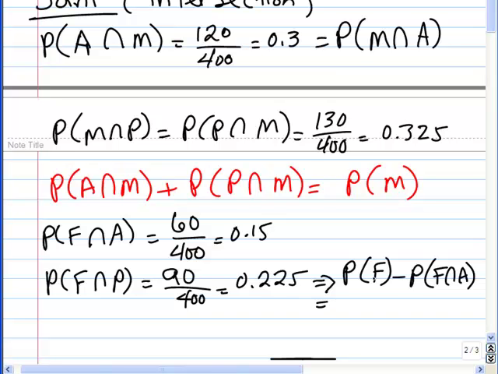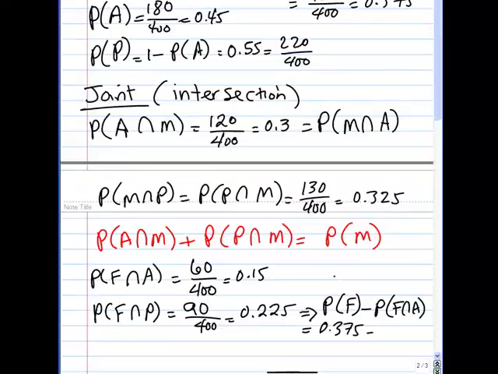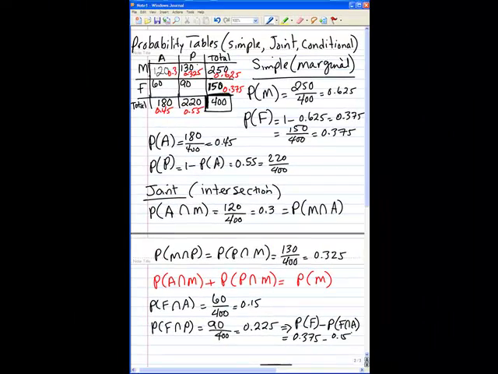So since the probability of F is 0.375, if I subtract probability of F and A, which I computed up here, 0.15, let me write that better, 0.15, then I can get the same 0.225.